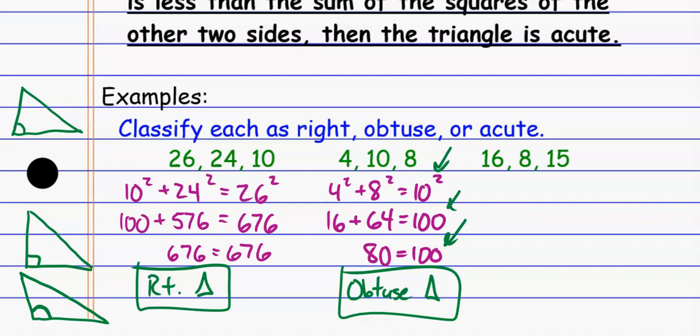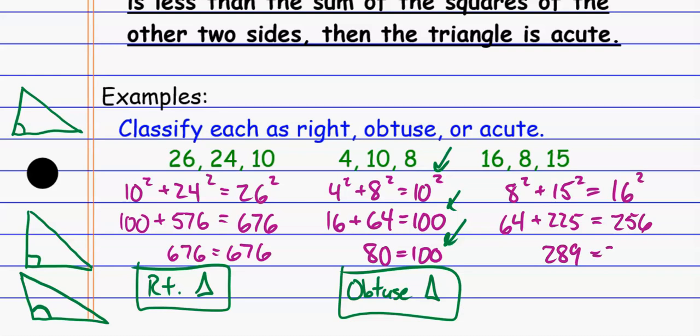And so if I look at this last one here, once again, I'll put it in order from least to greatest. The important thing is that 16 has to be by itself. As I simplify this, it was 64 plus 225 equals 256, and that was 289 equals 256.